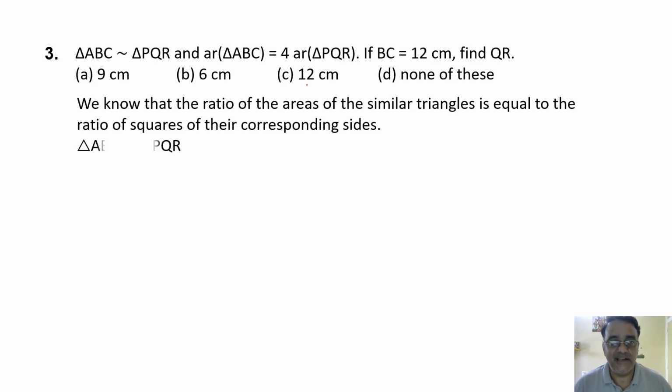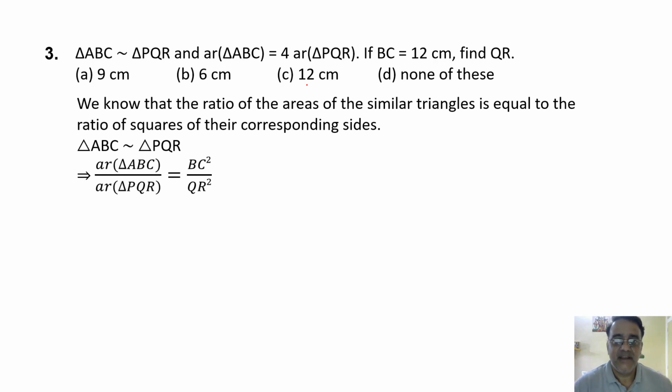So area of triangle ABC upon area of triangle PQR is equal to BC square upon QR square, just as we saw in question number 2. And this triangle is 4 times this triangle, so the ratio of these two is 4/1. What is the square root of 4/1?